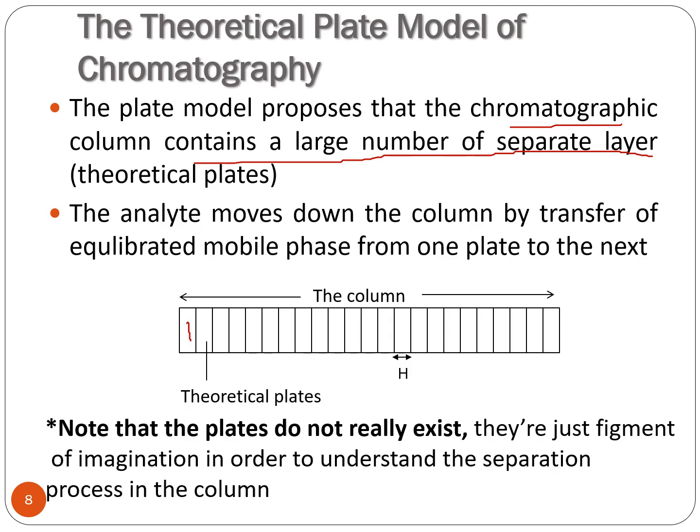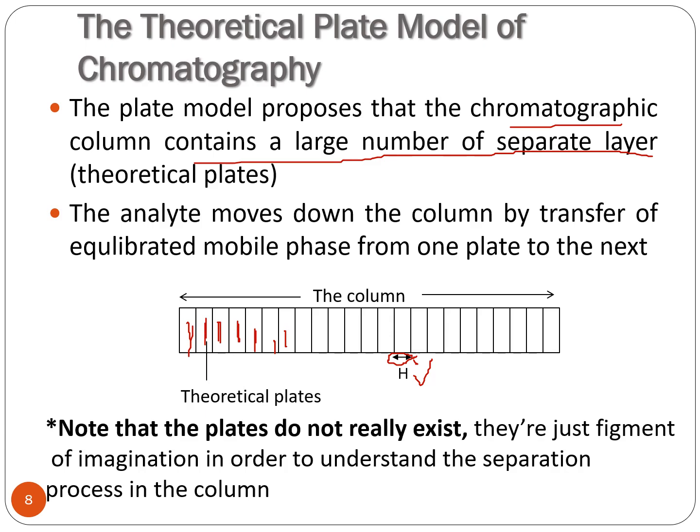Okay, this is the theoretical plate model. Each one is a different theoretical plate, and the height of this plate is represented by H, or HETP as mentioned. For every plate there is transfer of the mobile phase from one plate to the next, so at every plate separation occurs.